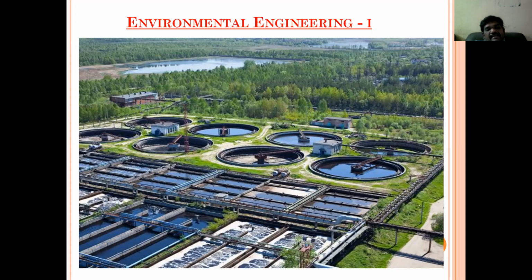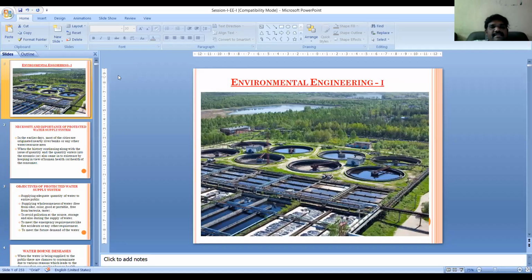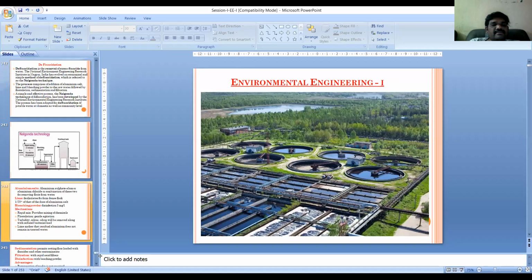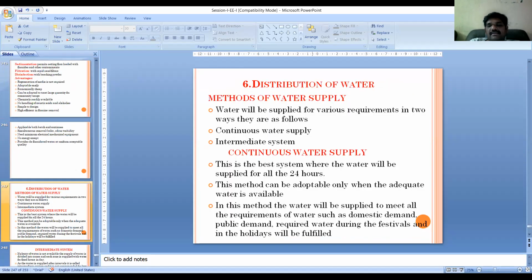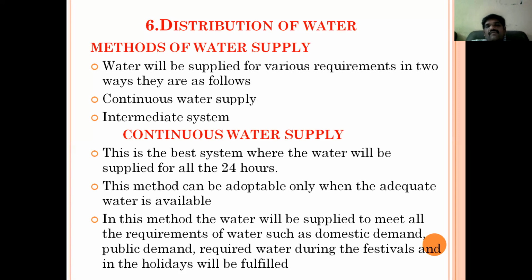There we are going to learn topics like methods of distribution system. Let us see first of all what is the title, and then we'll discuss one after one the topics that are in the sixth unit.